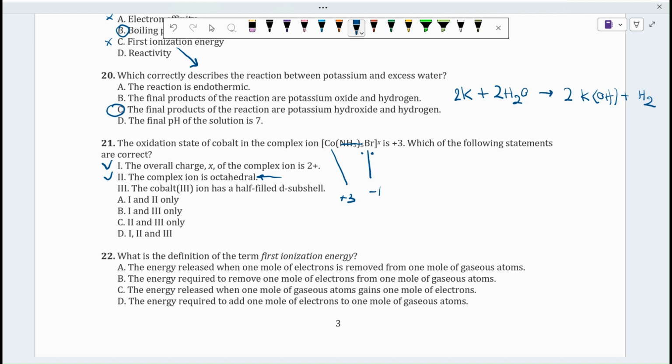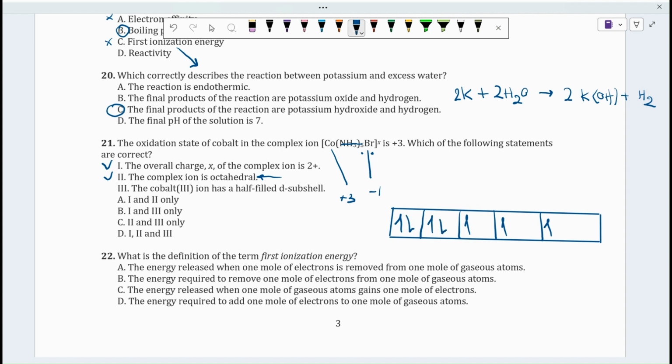The cobalt-3 ion has a half-filled d subshell. So cobalt is the 7th one along the transition metals. So if you remember, the transition metals are 3d10. So it's the seventh along: 1, 2, 3, 4, 5, 6, 7.